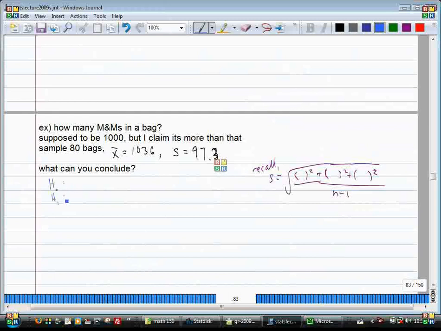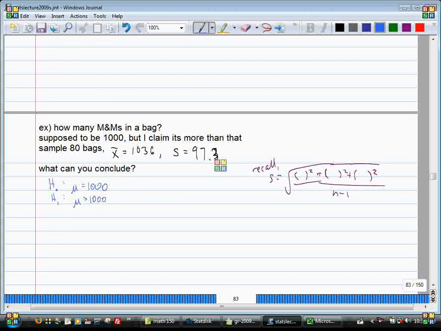What's the claim? H0 is a statement. So for H0 you get mu equals 1,000, and for H1, mu is greater than 1,000.